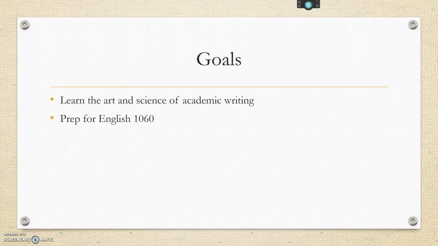1060 is similar to this course, but the main difference is that the writing you'll be required to do there will require you to incorporate more outside sources into your efforts.